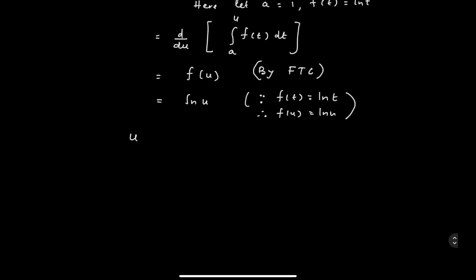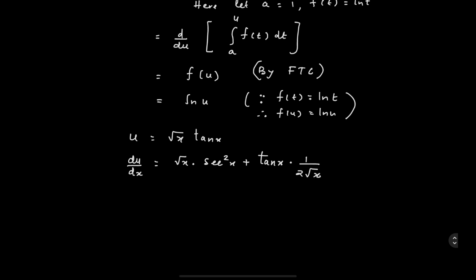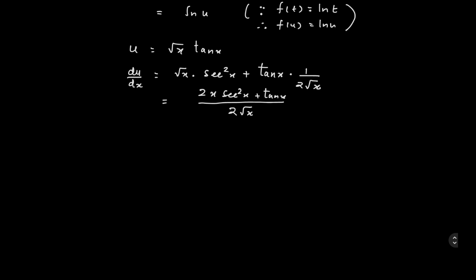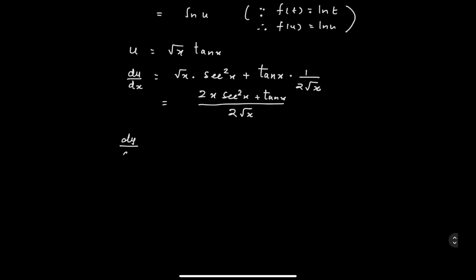Now what have you taken u as? Root x tan x. So du/dx will be equal to, you apply the product rule here. First into derivative of second, that is tan x, plus second into the derivative of first, that is 1 over 2 root x. So this I can simplify with 2 root x as the LCM. So this is (2x sec squared x plus tan x) over 2 root x. So now you can find dy/dx.